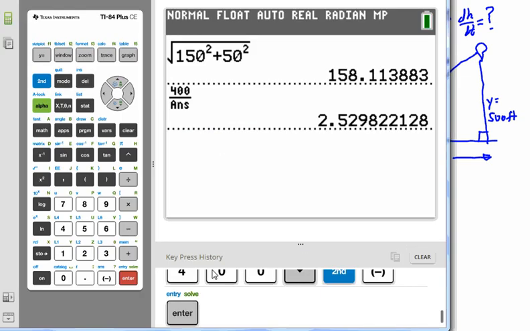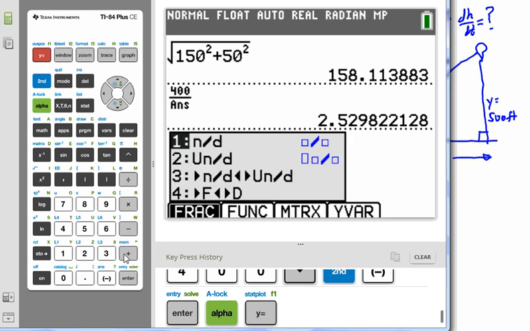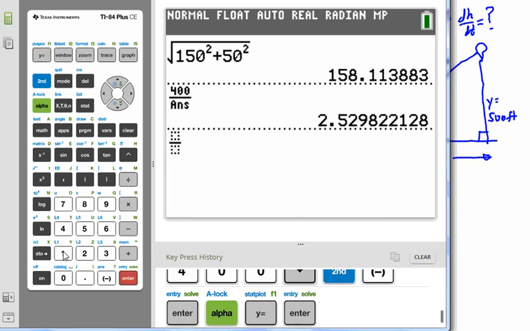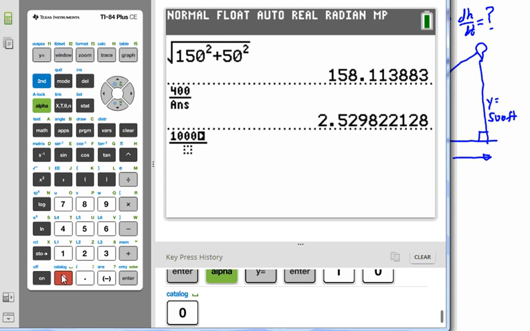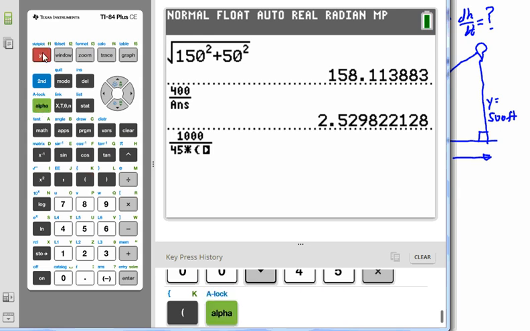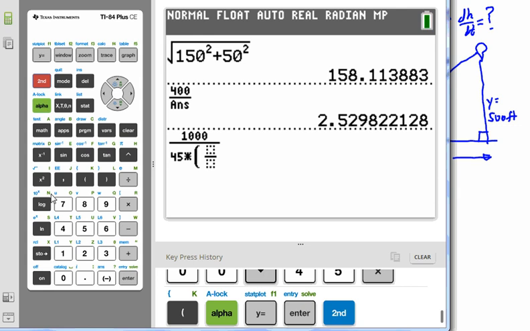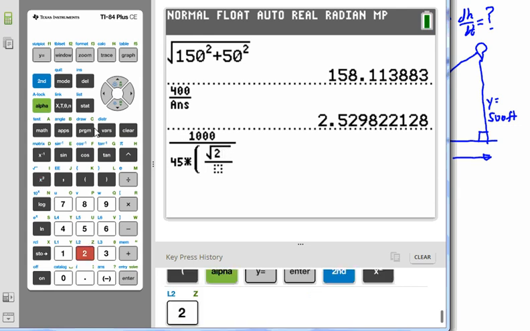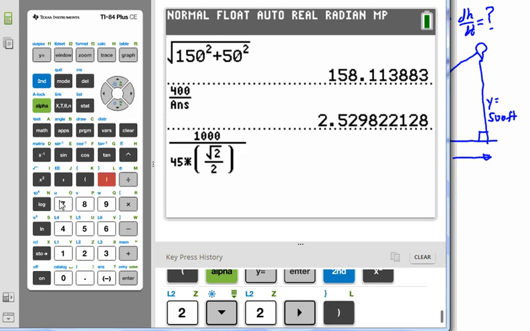Here's our calculator. 500 times 2 is 1,000, divided by 45 times square root of 2 over 2. And we're going to have to square this because we have cosine squared theta. That should be this.